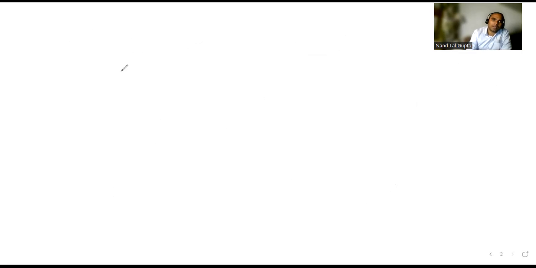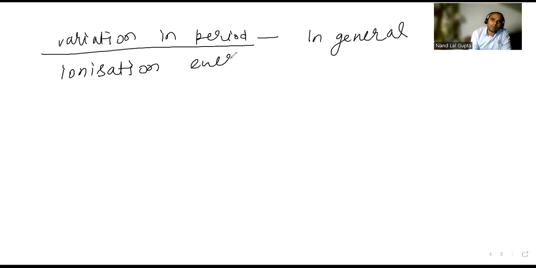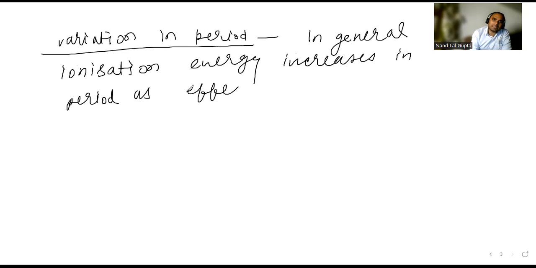This one is over. Now, variation in period. In general, I'm writing this: ionization energy increases in a period as effective nuclear charge increases.